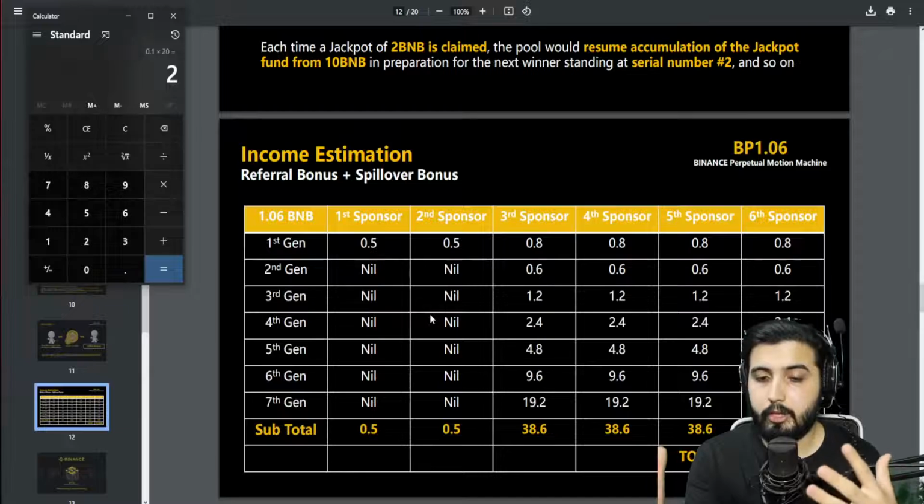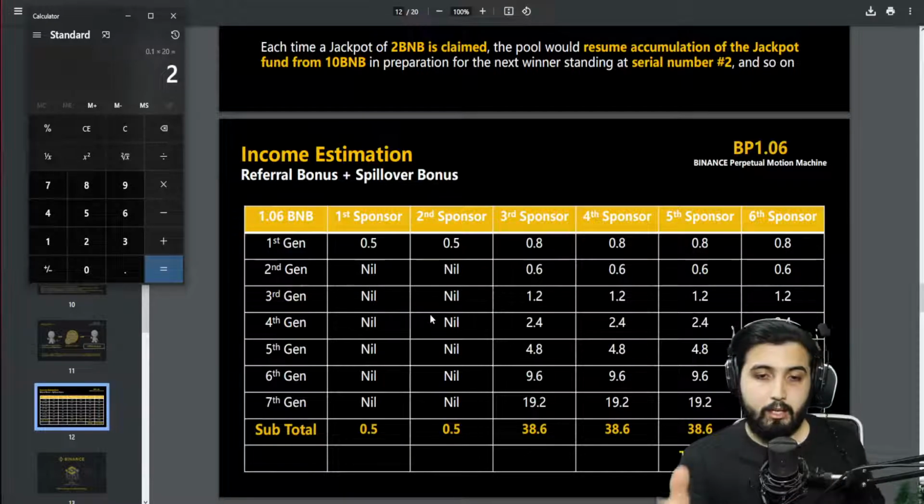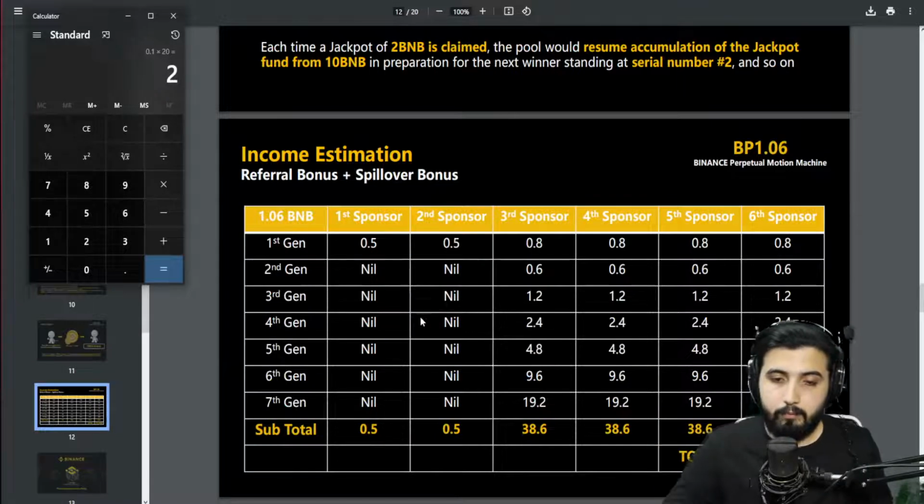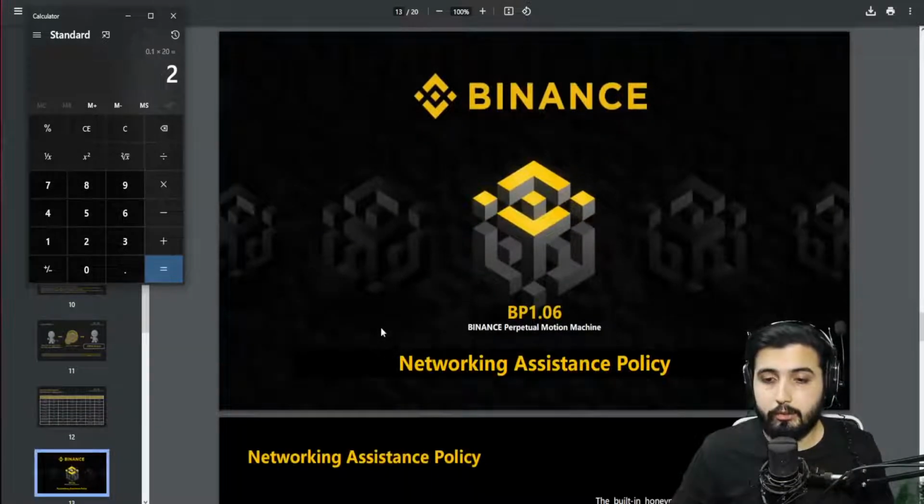Still, you can see the amount for yourself, and it's really amazing. The first generation, the first sponsor, is 0.5 BNB, and then moving forth through the whole chart, in the end you can see how much total can be distributed. The number is really huge.